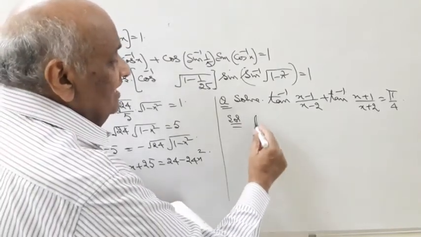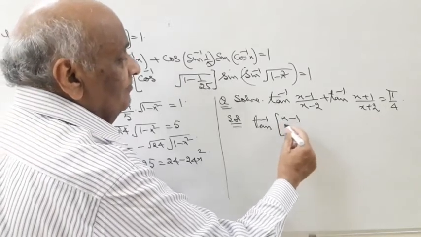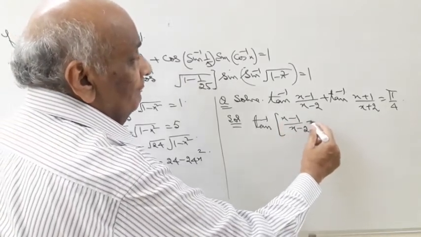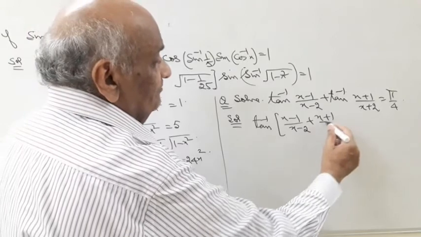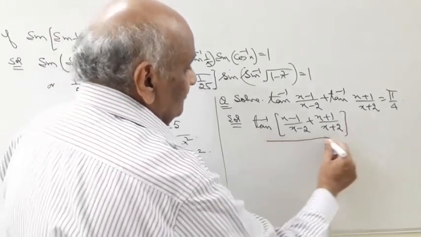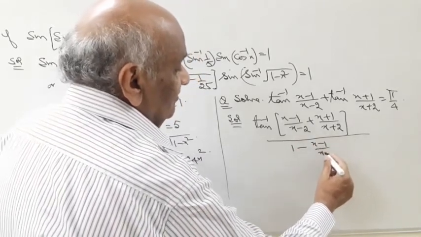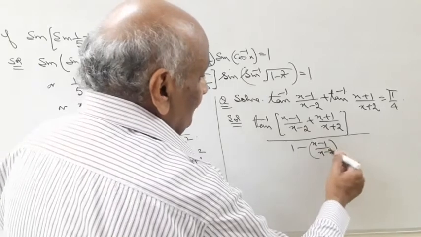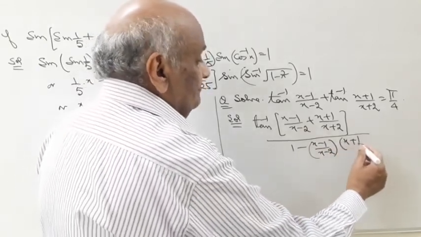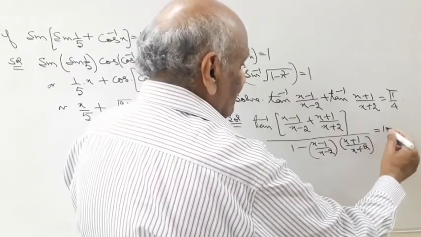So it becomes tan inverse of x minus 1 upon x minus 2 plus x plus 1 upon x plus 2, over 1 minus x minus 1 upon x minus 2 into x plus 1 upon x plus 2, is pi by 4.